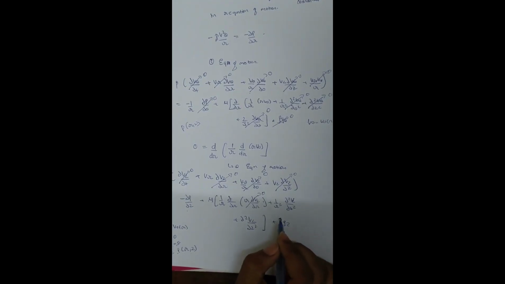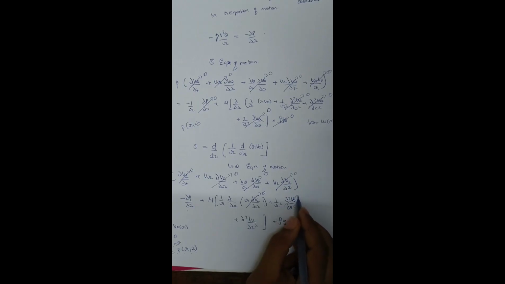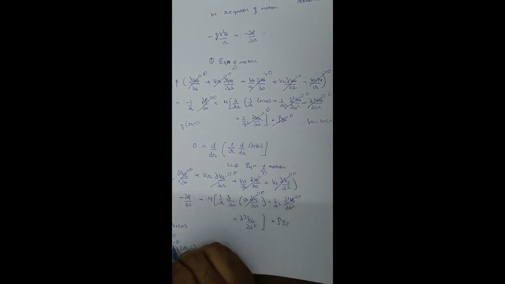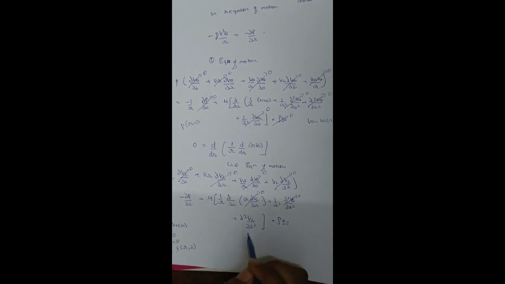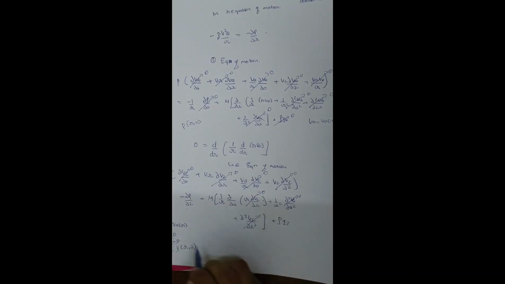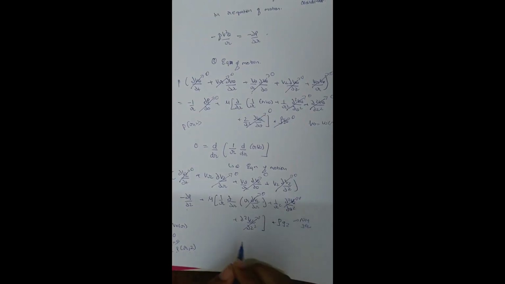Now moving on to the next term, ∂²vz/∂θ² is also going to be 0 because vz is 0. This is also going to be 0 for a similar reason, because vz is 0. ρ gz is non-zero because g is in the direction of z.